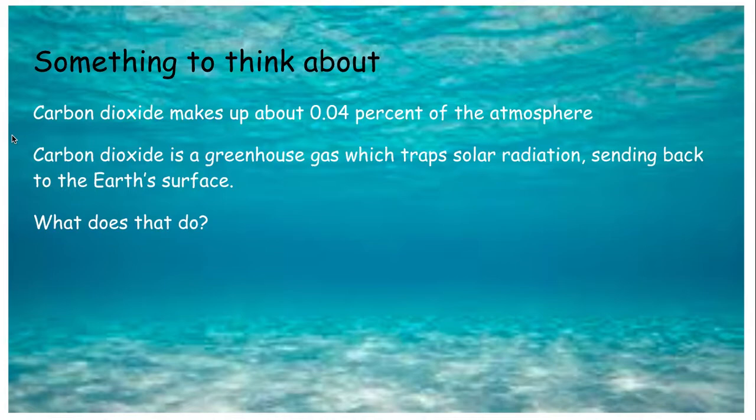Remember, greenhouse gas traps in heat, solar radiation, and sends it back to the surface. So what that does is it warms up the surface of the Earth, which to a certain extent is okay. It keeps our planet at a relatively mild temperature that life has become quite accustomed to.